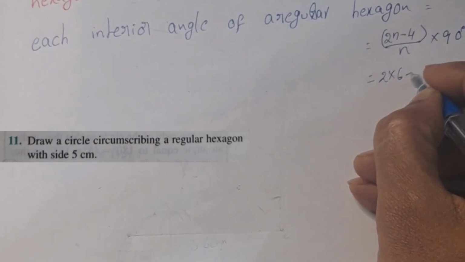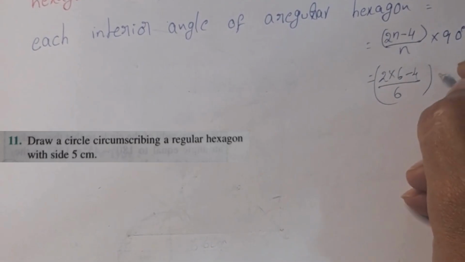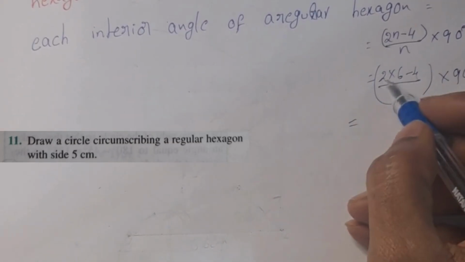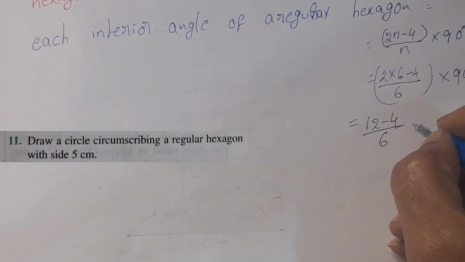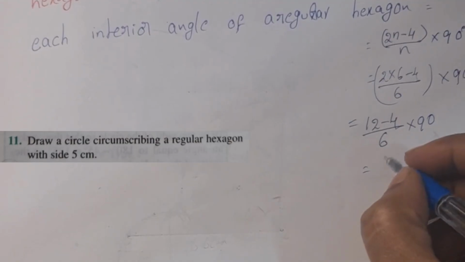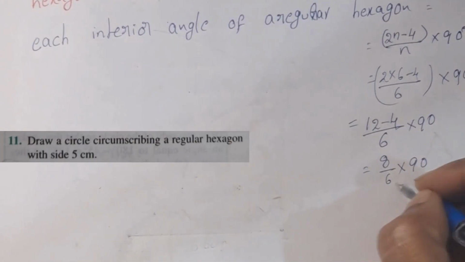2 into 6 minus 4 by 6 into 90 degrees is equal to 12 minus 4 by 6 into 90 degrees. Here 12 minus 4, 8 by 6 into 90 degrees.